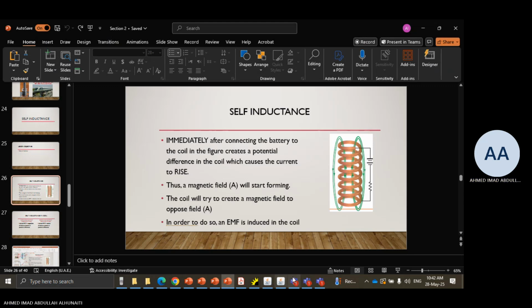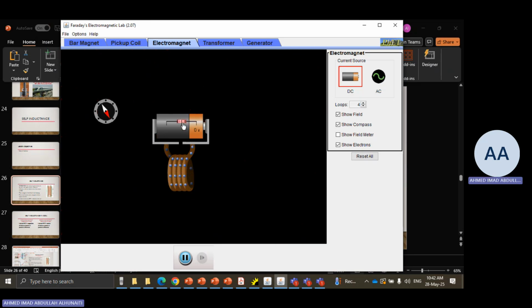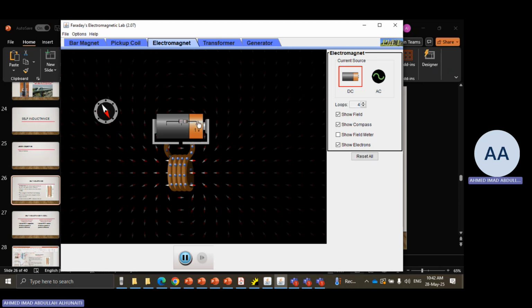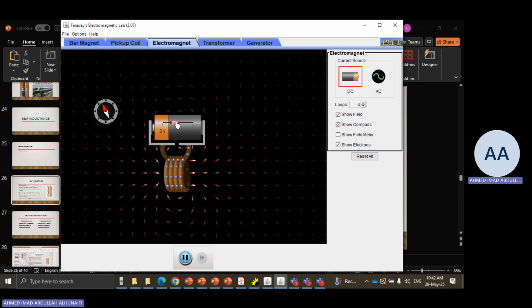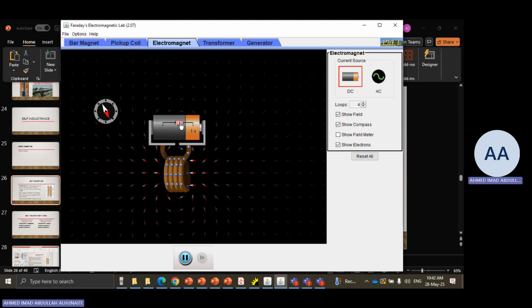Let's go back to the simulation. This side is positive on the battery and this side is negative. The current flows from this terminal through the coil and back to the negative terminal. When I close the switch, meaning I activate the circuit, a current will begin to flow from the positive side through the coil to the negative side, and a magnetic field will begin to grow.